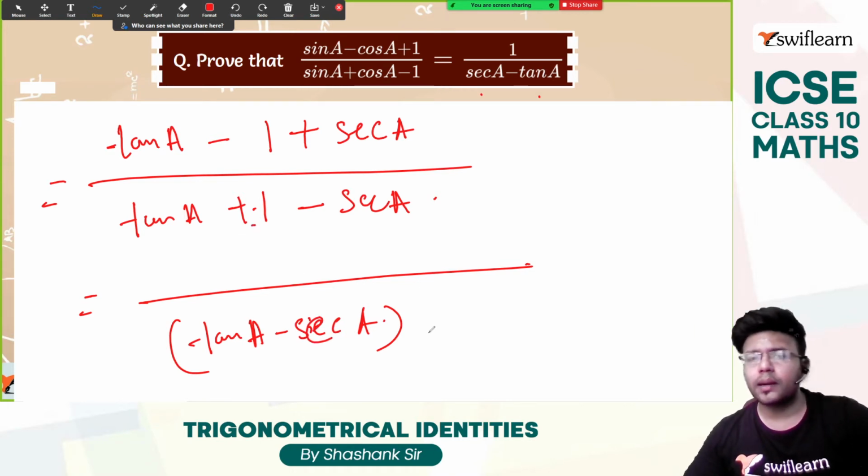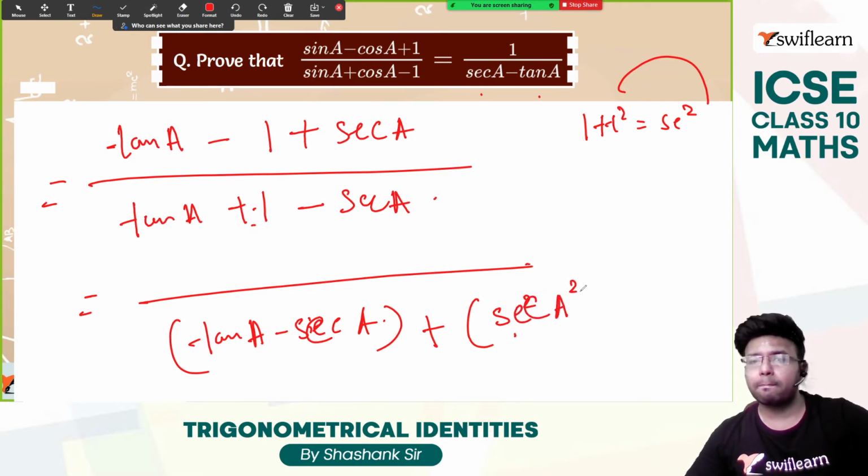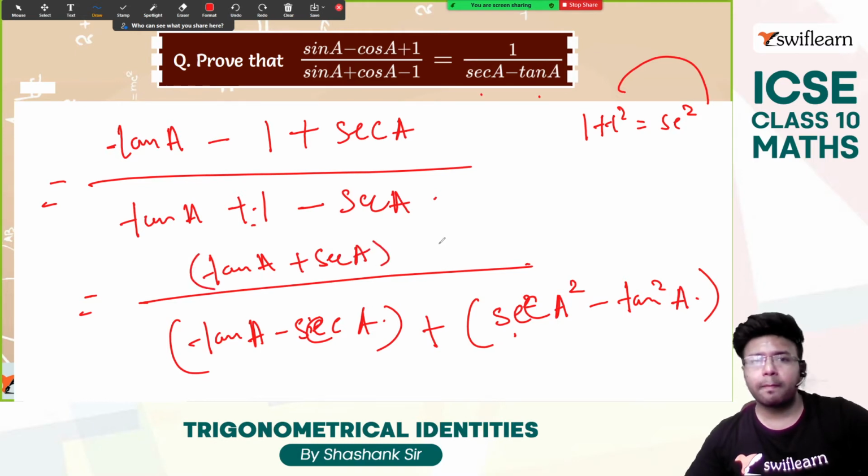We know that 1 plus tan square A is equal to sec square A, so 1 is equal to sec square A minus tan square A. So I'm going to write the 1 as sec square A minus tan square A, and the numerator as tan A plus sec A minus 1.